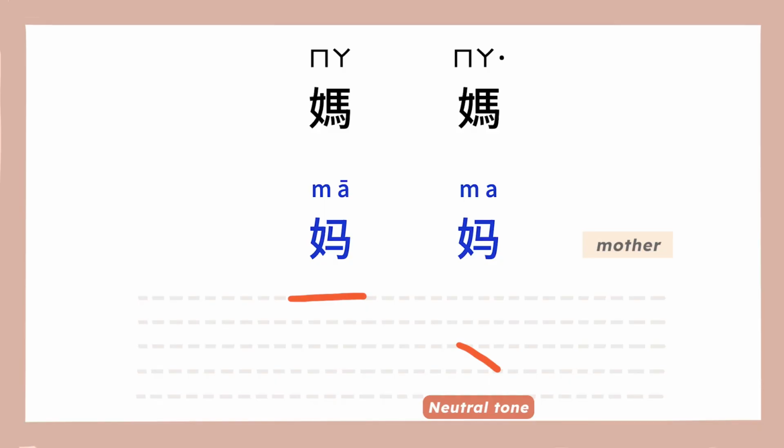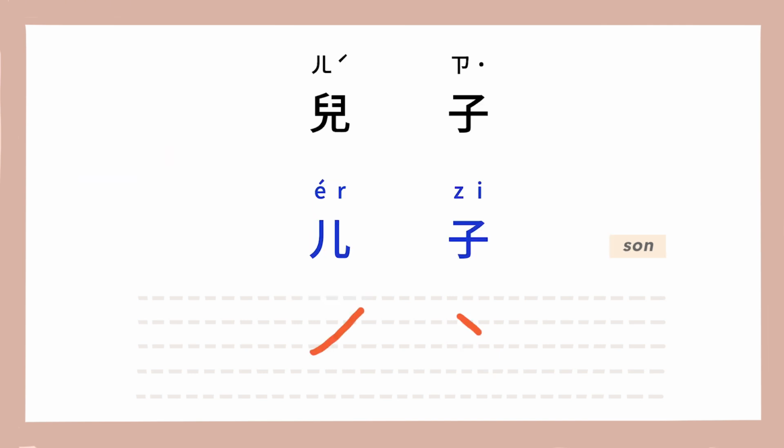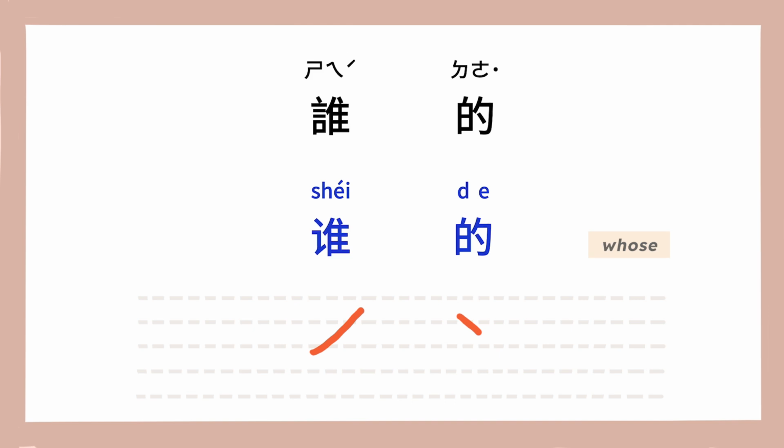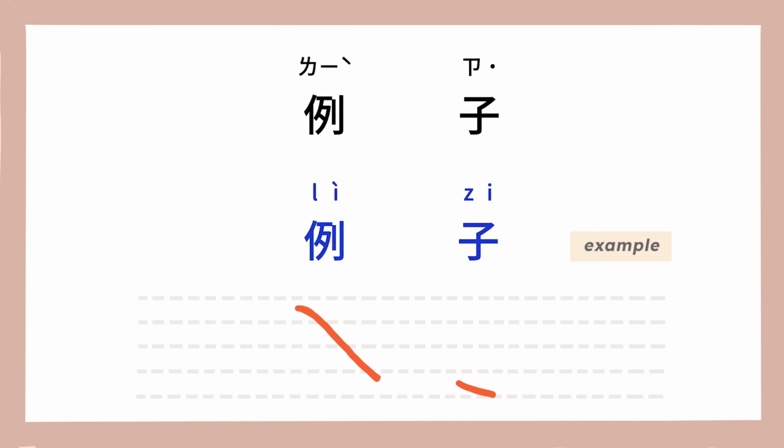Here are some more examples. 妈妈, 儿子, 谁的, 爸爸, 栗子.